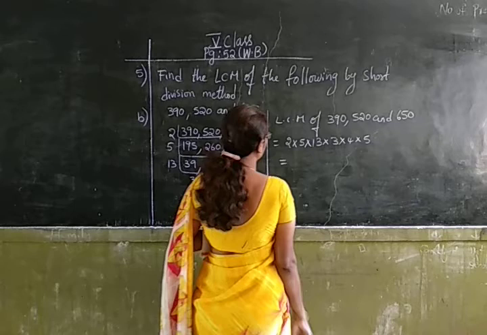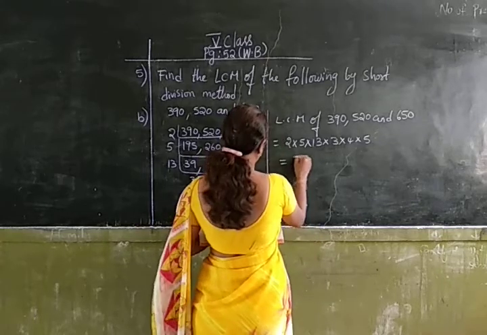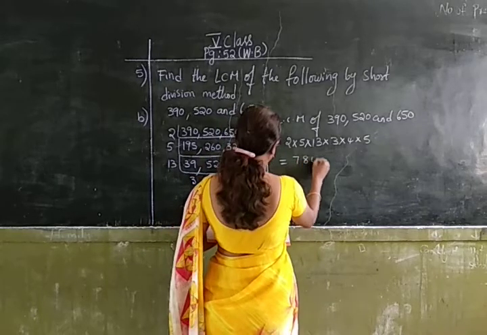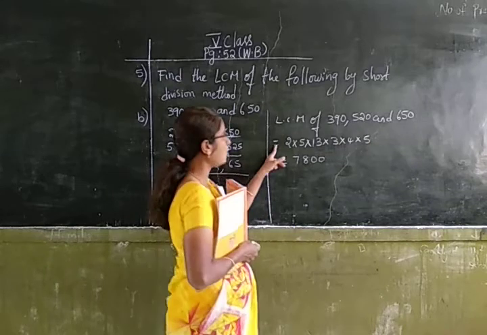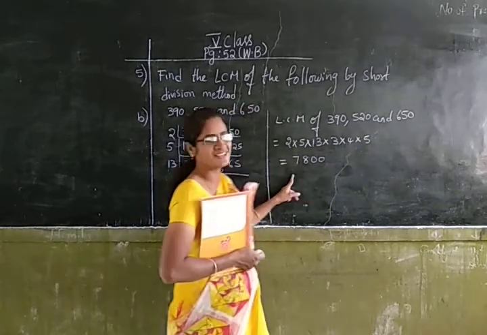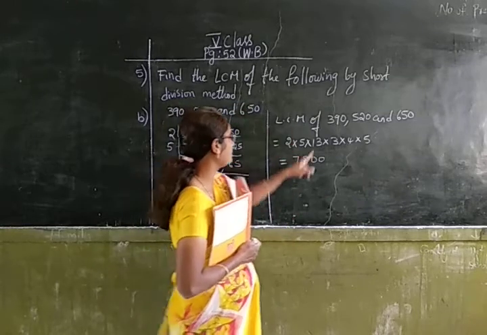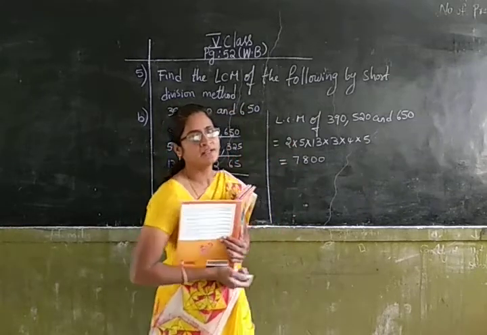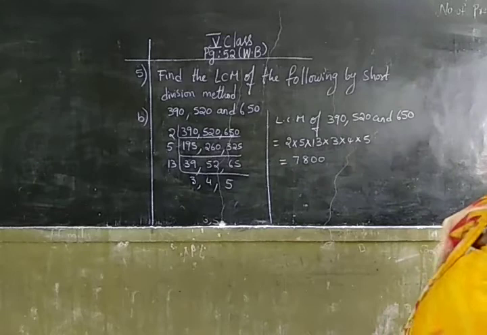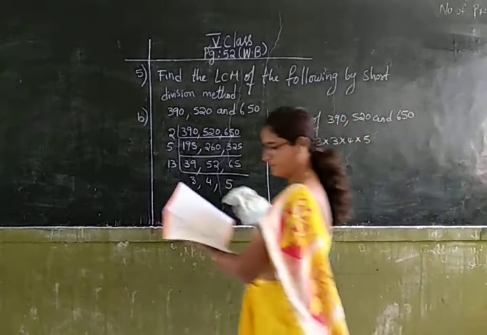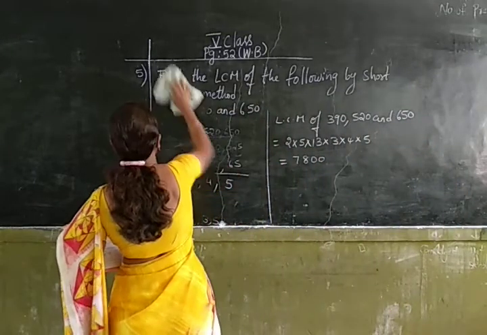So that is equal to 7,800. So the LCM of these numbers is 7,800. Okay children.